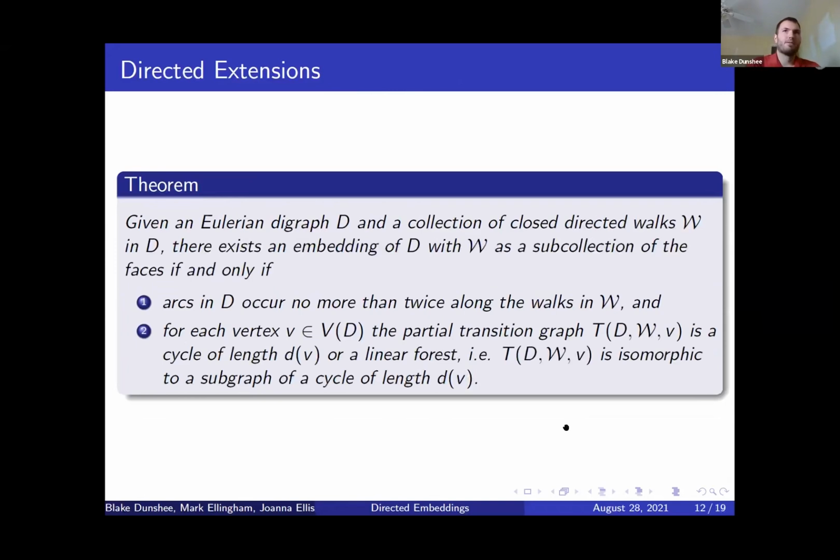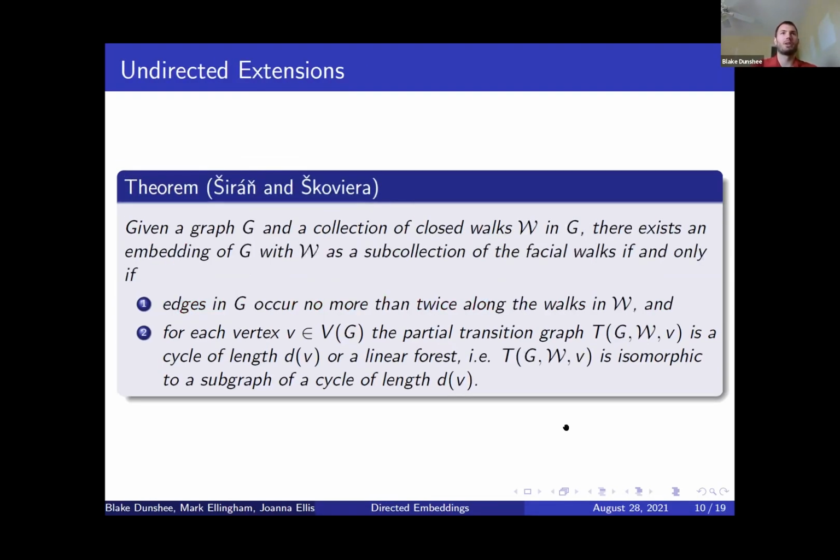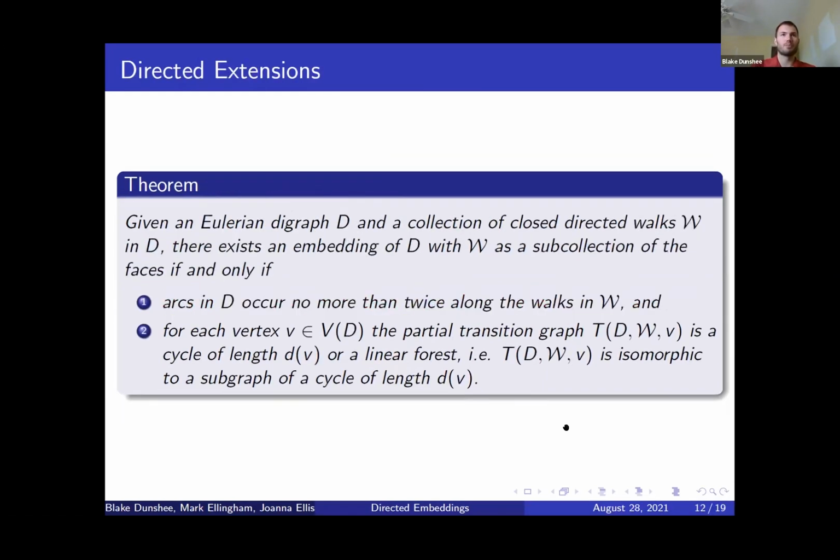In the case of directed graphs, we were able to show that the natural equivalent of Sharon and Scribera's result applies in the directed case for the situation where we do not care if the embedding is orientable. So we have, again, that the obvious necessary conditions are also sufficient.